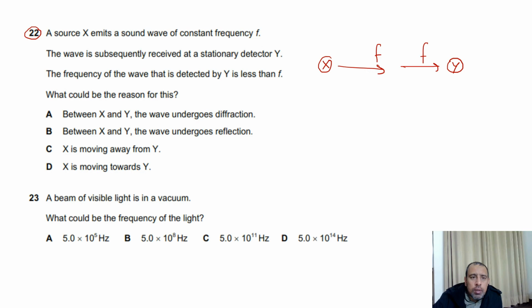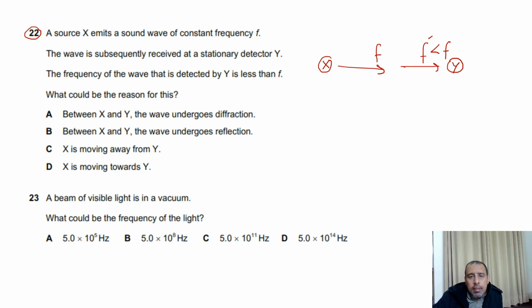The frequency of the wave that is detected by Y is less than F. It means this F dash is less than the original frequency. It means the frequency decreases.